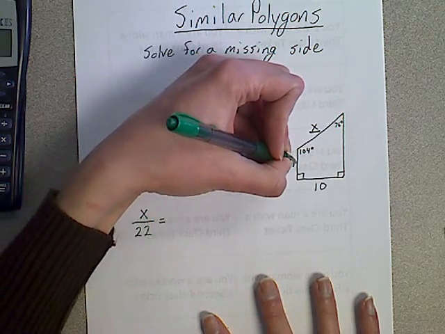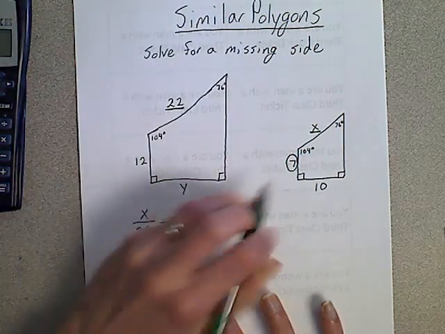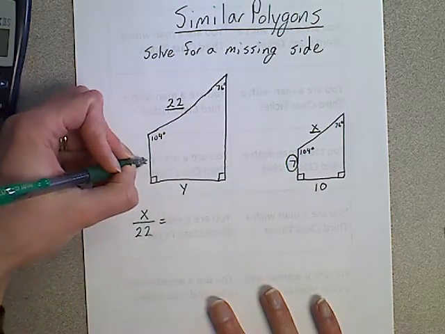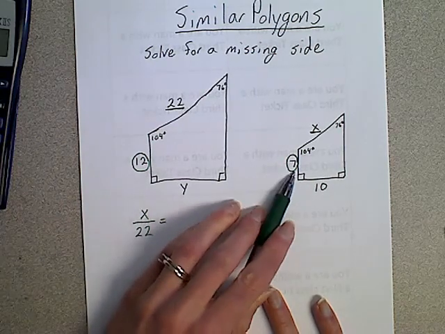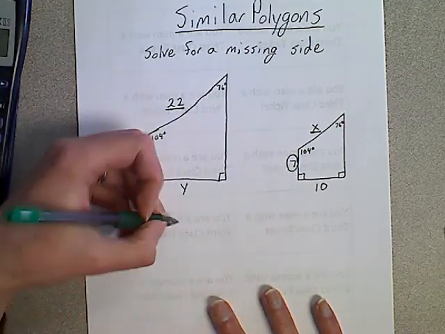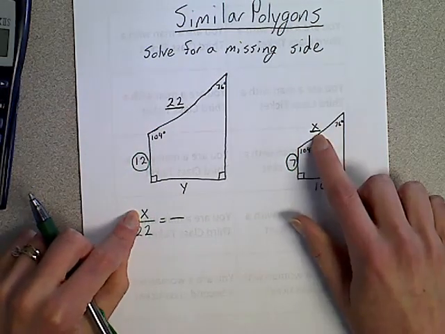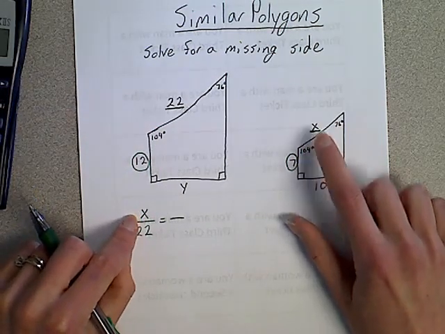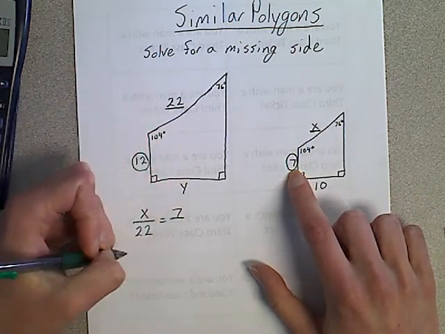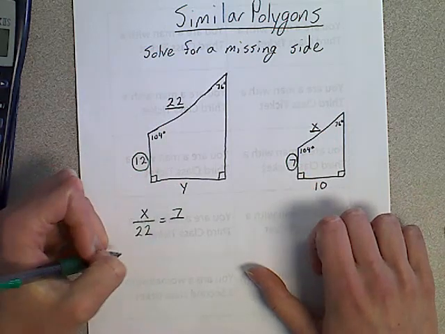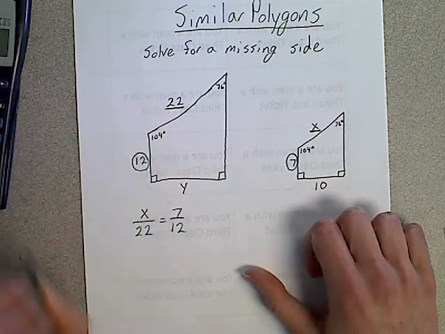So instead, we'll use the 7 as part of our scale factor, and that 7 corresponds to the 12 on our larger polygon. So we'll use these two to create our second fraction. Since x on the smaller polygon is on top of this fraction, we need to use the 7, which is also on the smaller polygon, as the top number in our fraction. And then the 12 will go on the bottom.